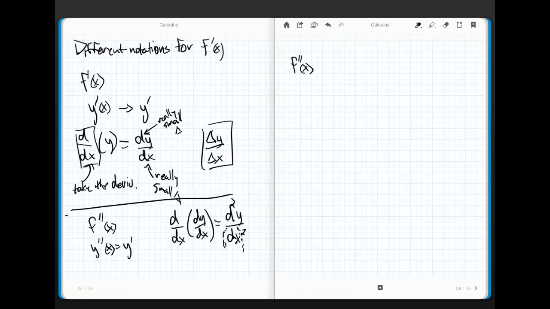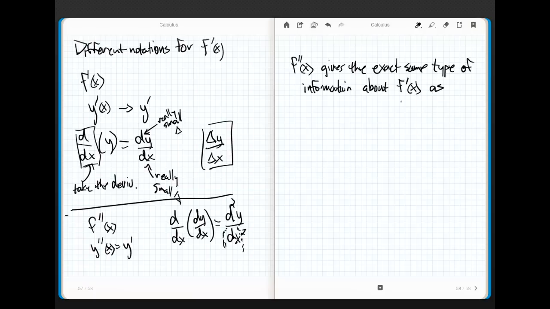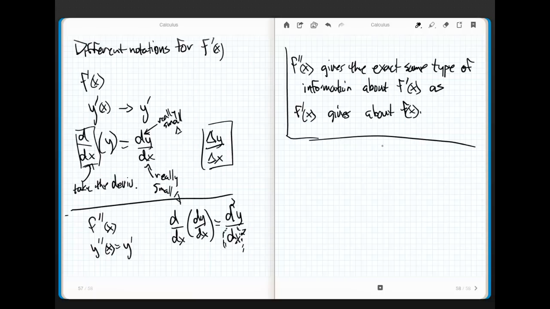F double primed of x gives, and this will be my mantra, the exact same type of information about f primed of x as f primed of x gives about f of x. Now I'm just going to plant that seed, and I'm going to let that grow, and we'll talk about that over and over and over again, because that may seem a little bit nebulous right now, but it really is an amazing piece of information.